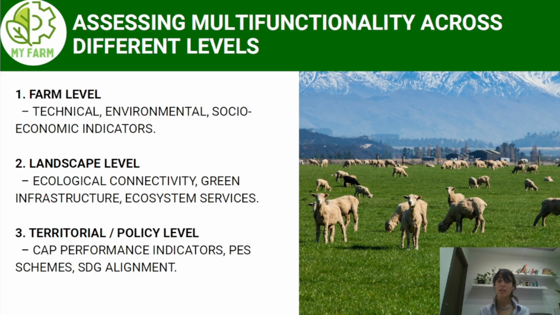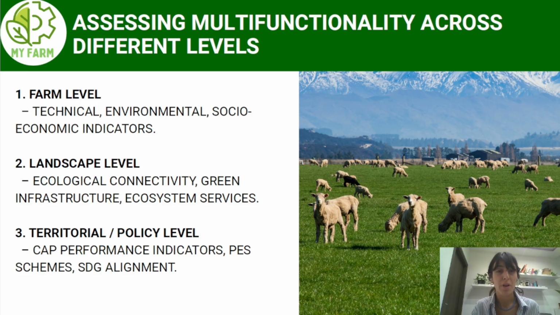Then we have green infrastructure, including riparian buffers and grasslands. And then ecosystem services such as pollination, water regulation, erosion control, and cultural values. Landscape level evaluation is essential because multifunctionality emerges from ecological networks, not from individual farms alone.